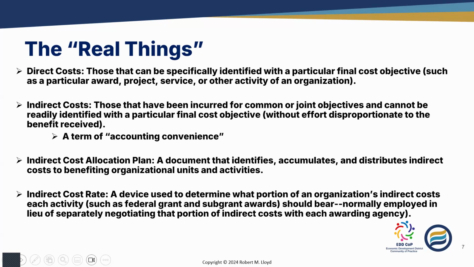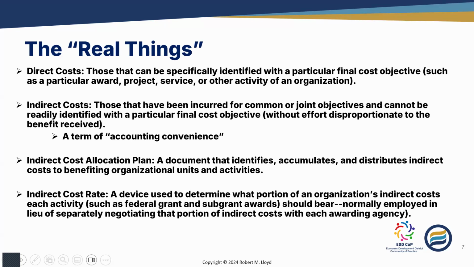What's derived from that indirect cost allocation plan is an indirect cost rate, which is a device used to determine what portion of an organization's indirect cost each activity, such as federal grant and sub-grant awards, should bear. And this is normally employed in lieu of separately negotiating that portion of indirect costs for each awarding agency.